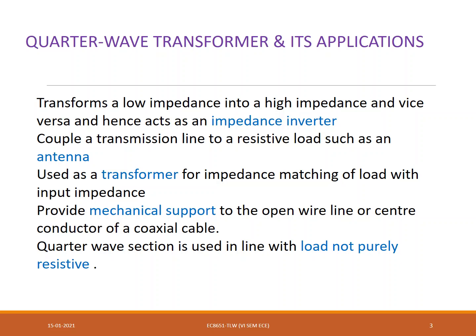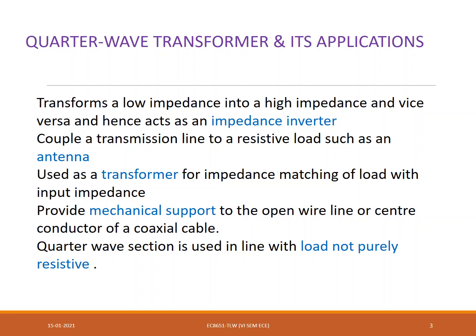Now let's see the applications of a quarter wave transformer. It transforms a low impedance into a high impedance and vice versa, and hence acts as an impedance inverter. It couples a transmission line to a resistive load such as an antenna. It's used as a transformer for impedance matching of load with input impedance.